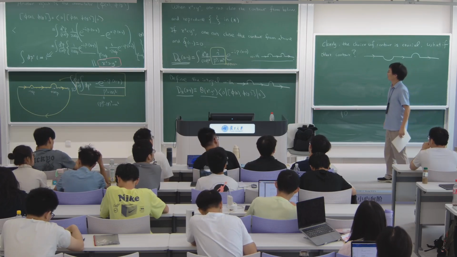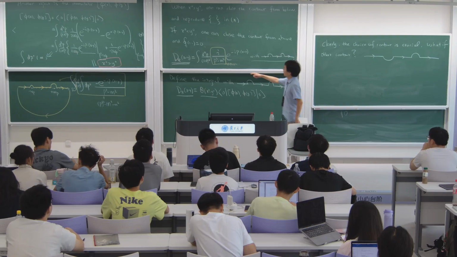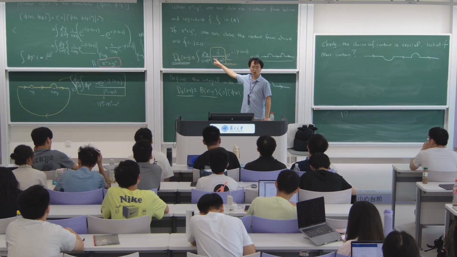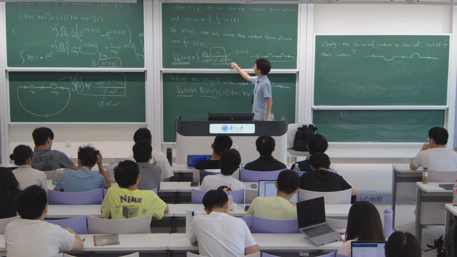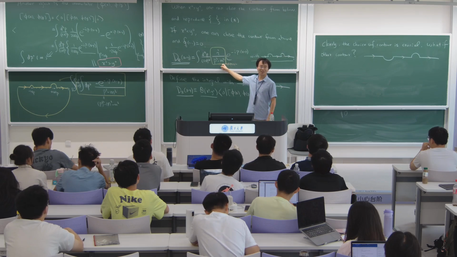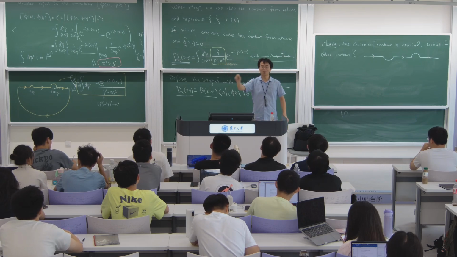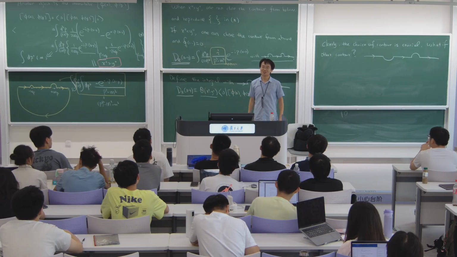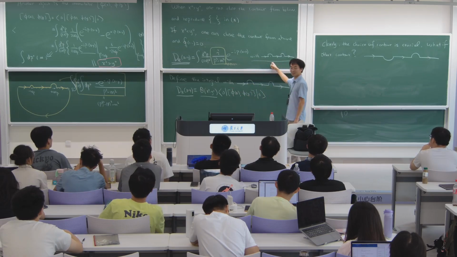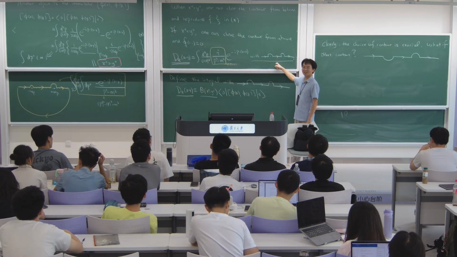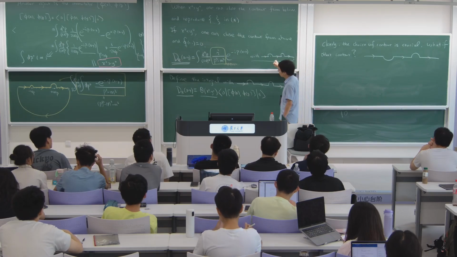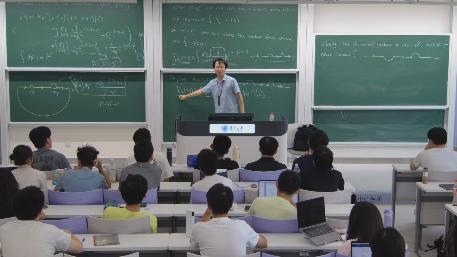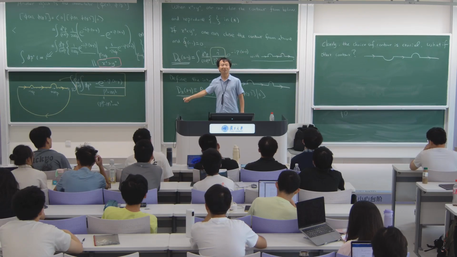The point is I don't want to change this object. I just want to change the contour. So if you don't change this one, there are always two poles. The point is how you surround your poles. You have different choices. This is my one choice, the A choice. We already understood that with this choice we get the physically retarded Green's function, retarded correlator.